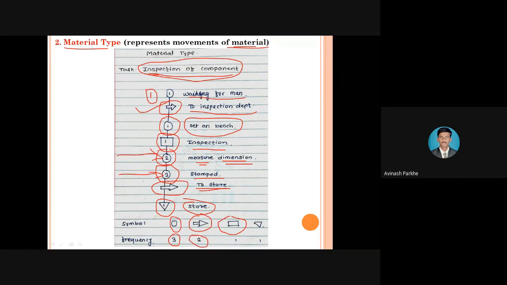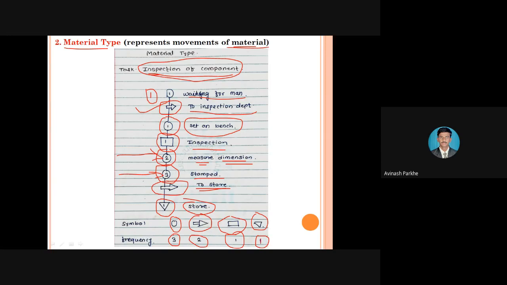How many times does inspection take place? Only one time on that material. And last, the storage. At the end, once the inspection is over, we keep the inspected material in the storage device, and only one time.